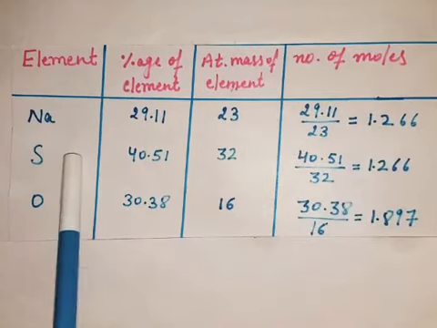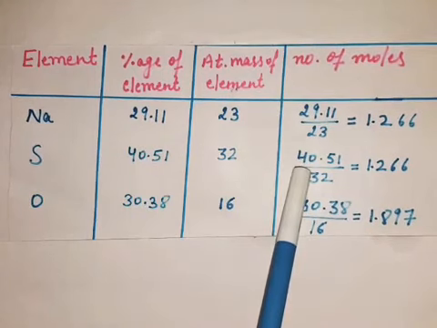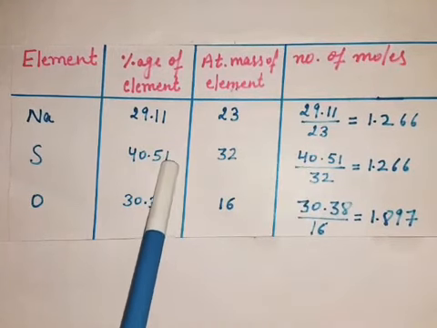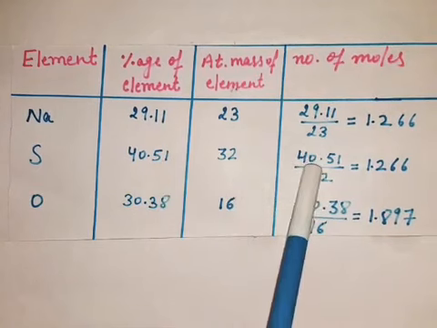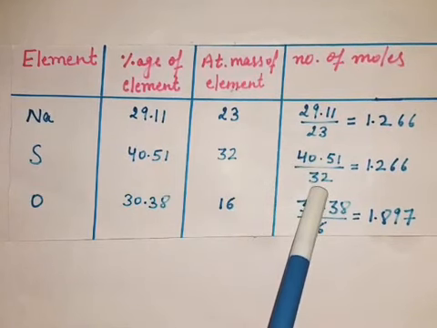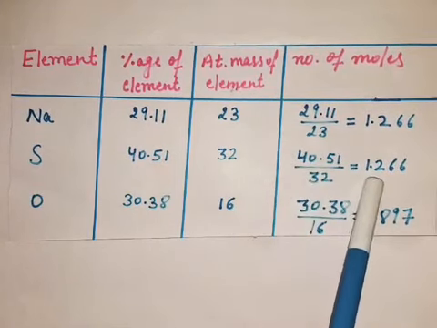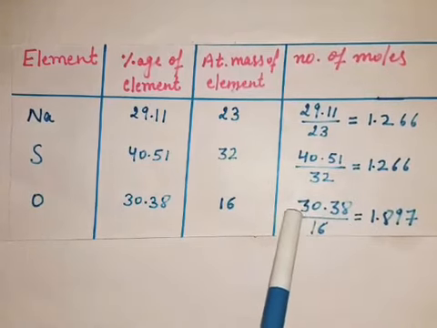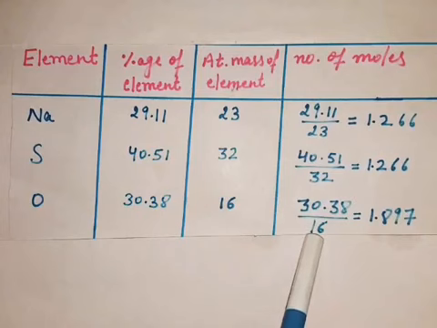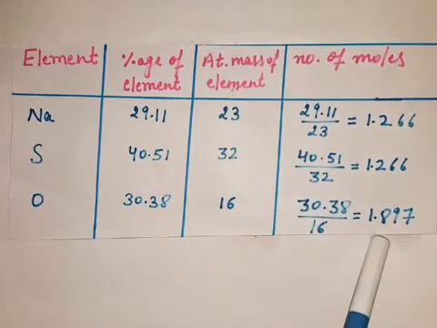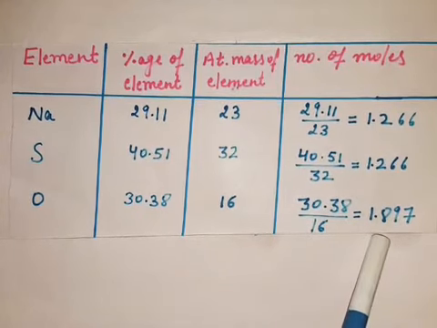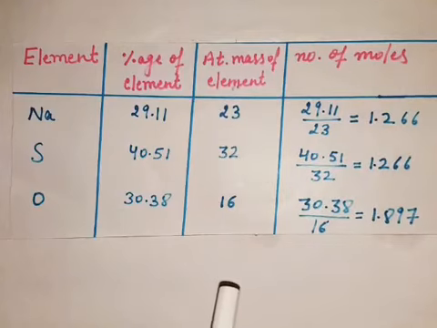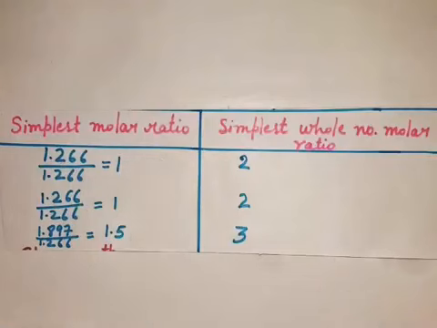Now sulfur: 40.51 gram of sulfur is present, so given amount divided by atomic mass, that is 32, is equal to 1.266. And for oxygen, number of moles is 30.38 divided by 16, and it is equal to 1.897.